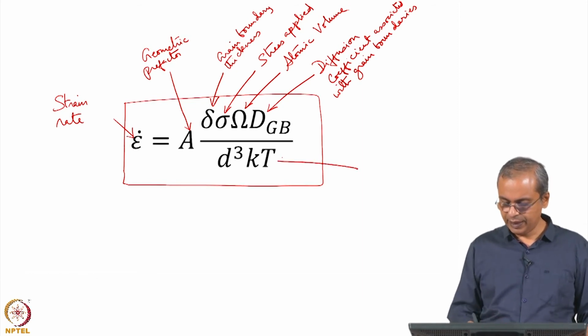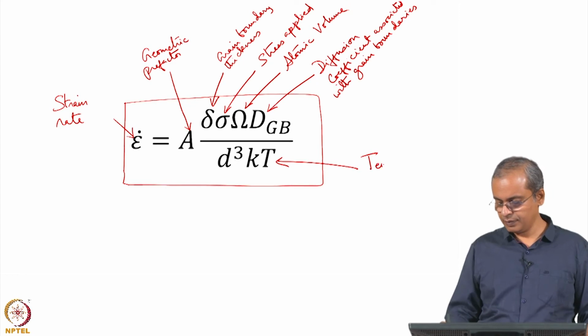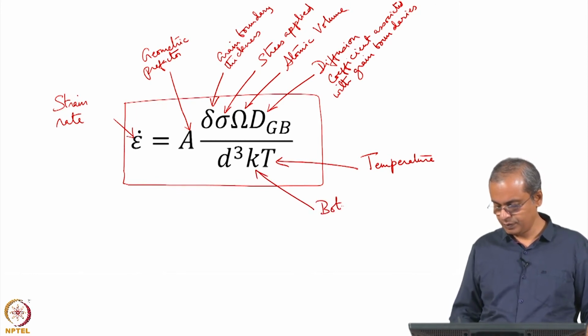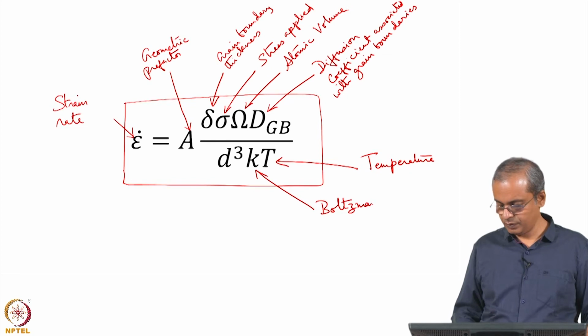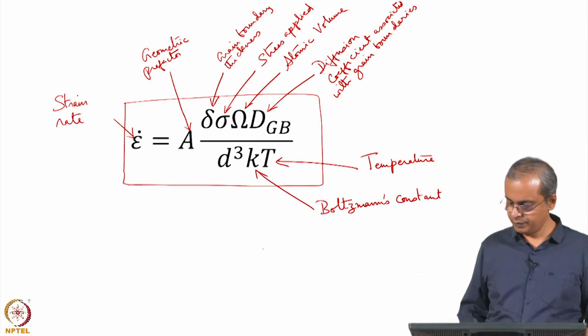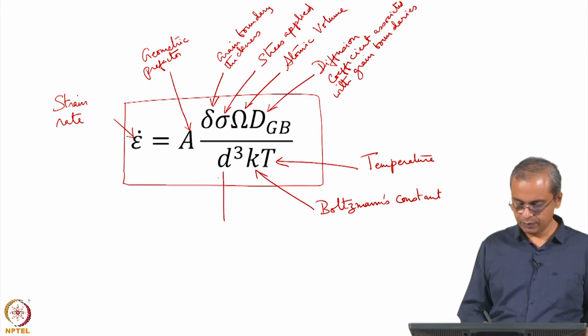This is the temperature T. This is your Boltzmann's constant. This is your grain size, d.